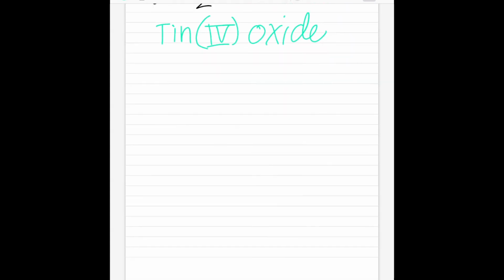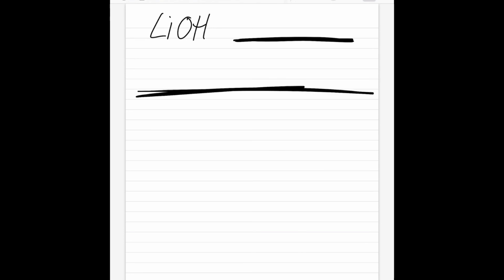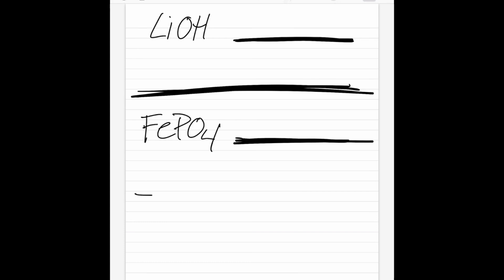All right, so let's go with a couple of other ones. Let's go to a different page. I will give you 3, and I'm going to start off fairly easy. So here's LiOH. That was fairly easy. You need to write the ions and the name. Oh, this is a great one. FePO4. Write the ions and the name.